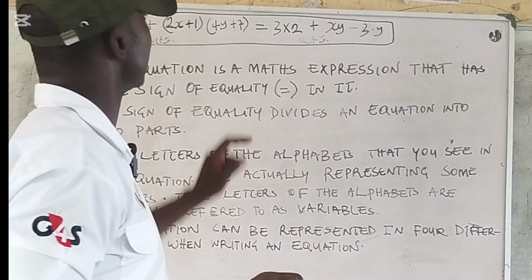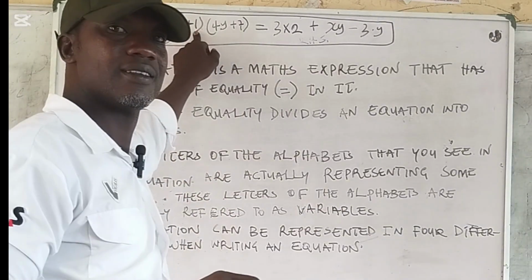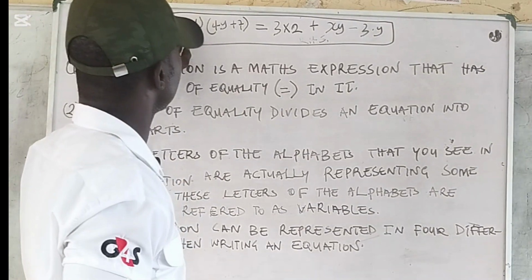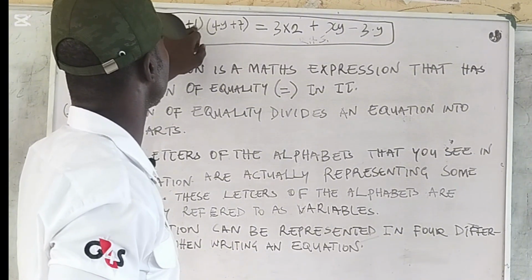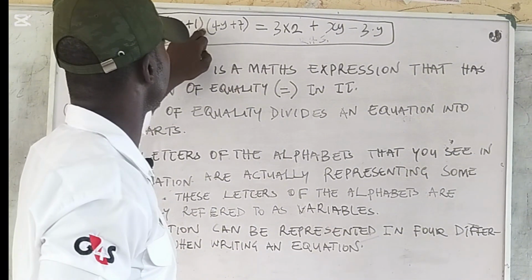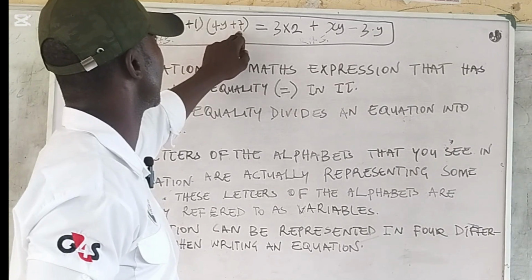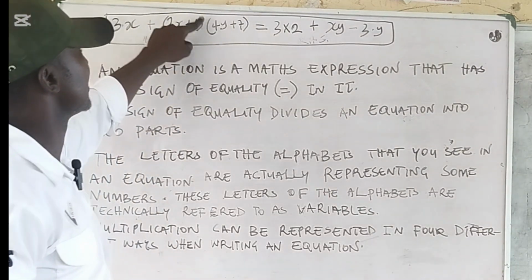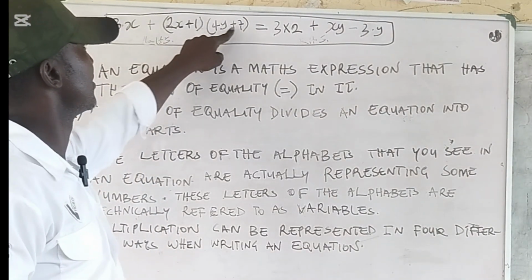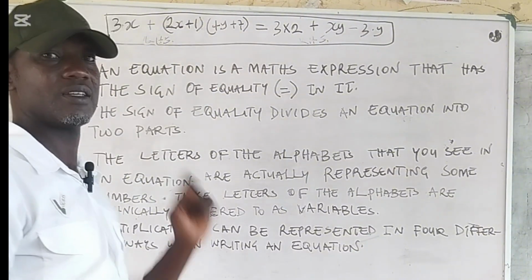The second part is brackets. If you look at this expression now, 2x plus 1 is in bracket, open and close. 4y plus 7 is also in brackets. What this means is that the whole of this is multiplying the whole of this.